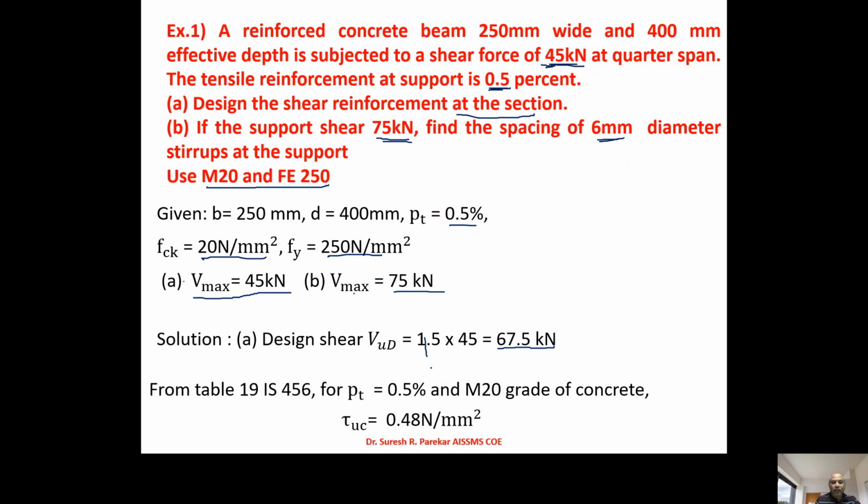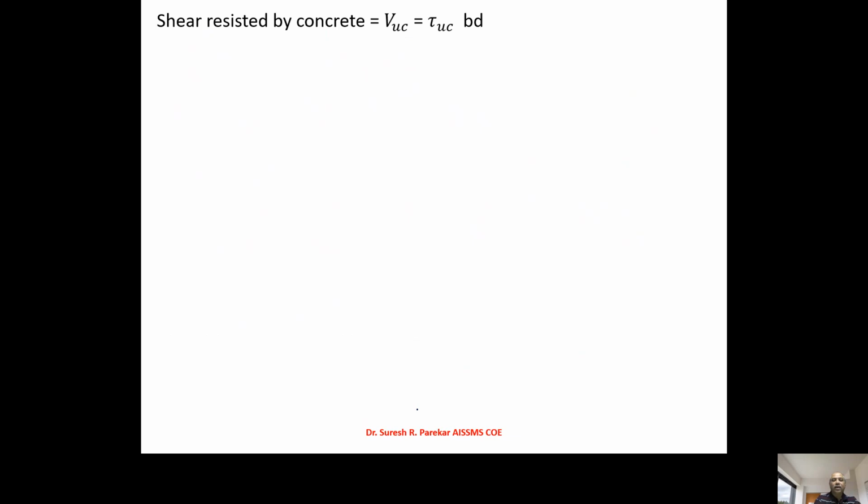Then if we go to table 19 of IS 456 with percentage 0.5%, the value of tau uc is 0.48 Newton per mm square. Then shear resisted by concrete, we know the formula: tau uc into b into d.